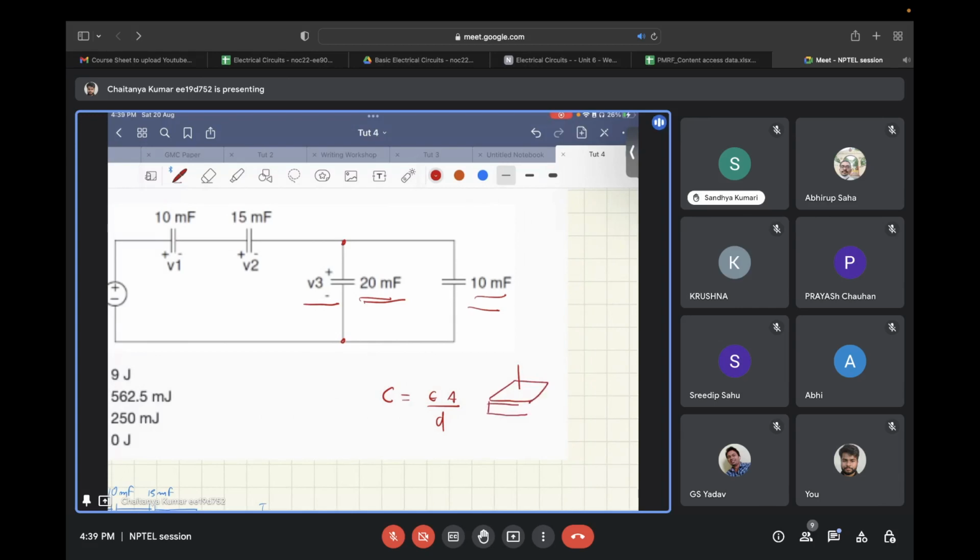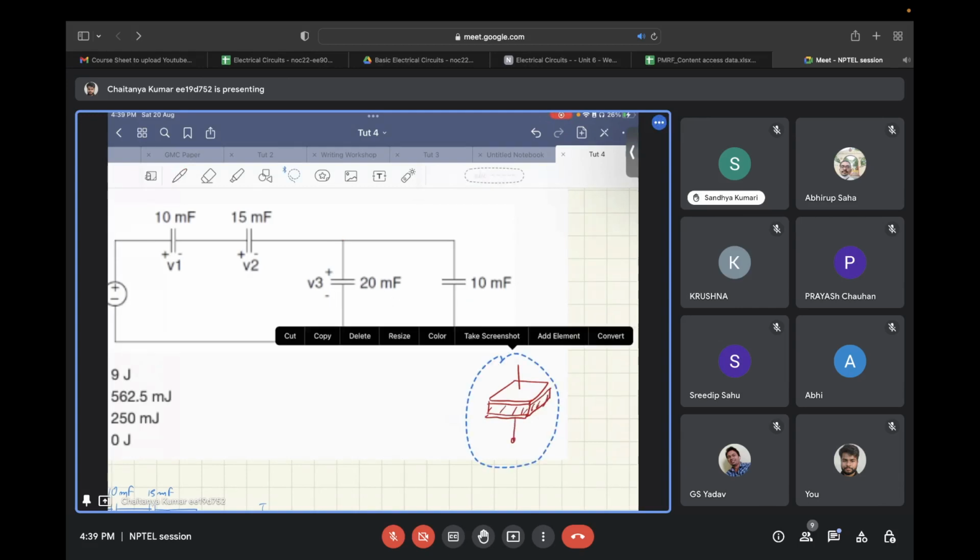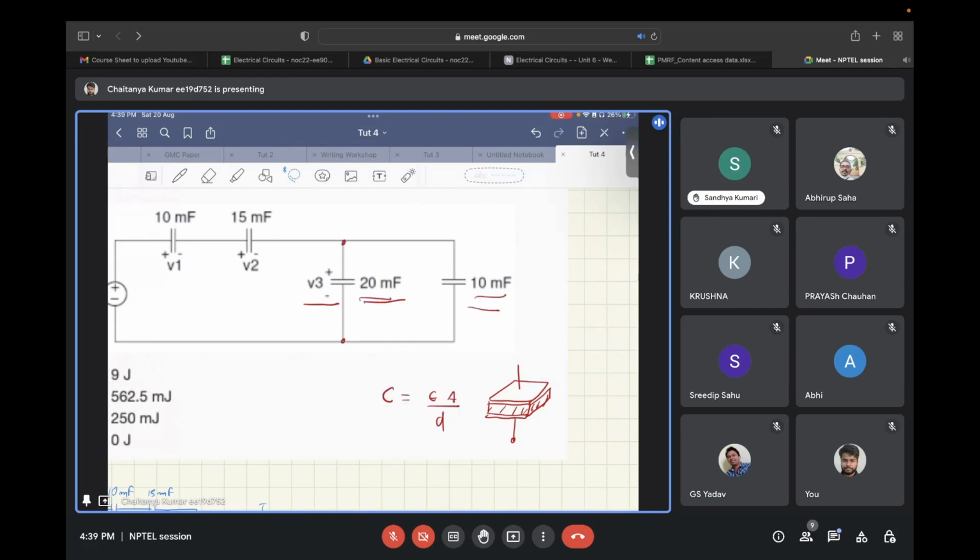With some dielectric between this, and so this is one capacitor, and in parallel to it, one more capacitor is present.